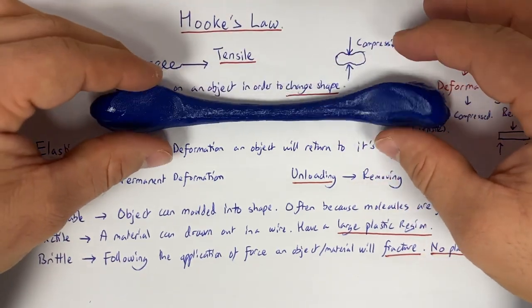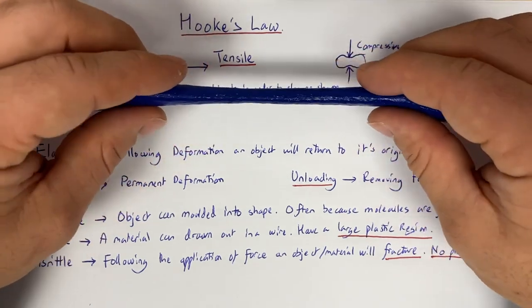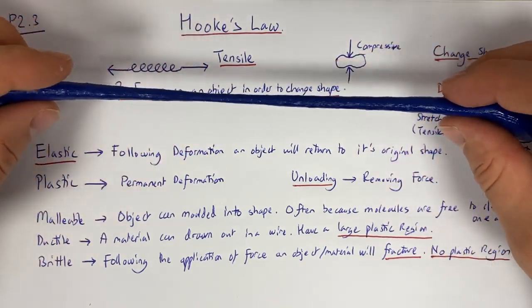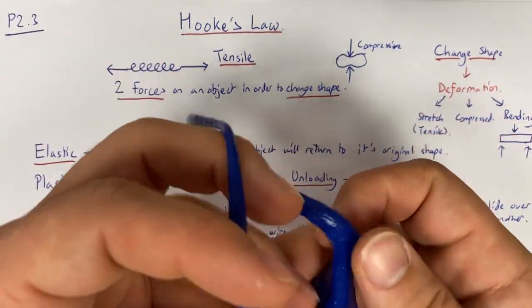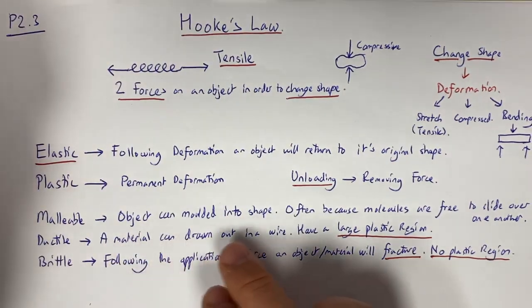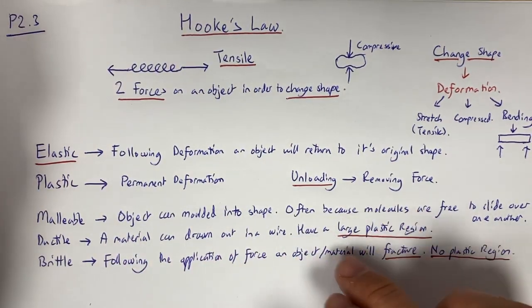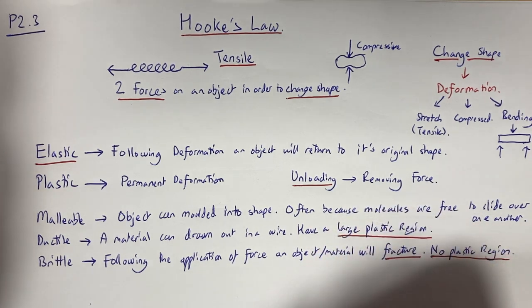So if I stop applying the force here, it's permanently deformed, right? But that permanent deformation can continue and continue. It's all plastic deformation, but it's drawing it out into a wire. And so this is what we mean by ductile. Ductile means that an object can be drawn into a wire, but one of the key criteria for something to be ductile is it has to have a very large plastic region.